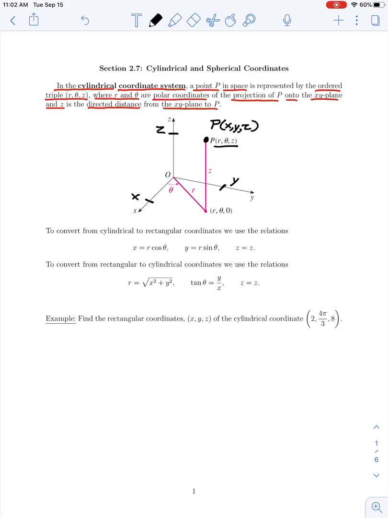Now, an alternative way to represent that point is as this ordered triple r, theta, z, where r and theta, we were told, are the polar coordinates of the projection of that point onto the xy plane. If we take this point P and project it down onto the xy plane, that is, if we just make its z coordinate 0, then this point would be the point r, theta, 0, where r and theta are the polar coordinates of that point in the xy plane.